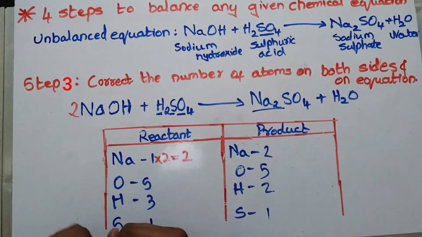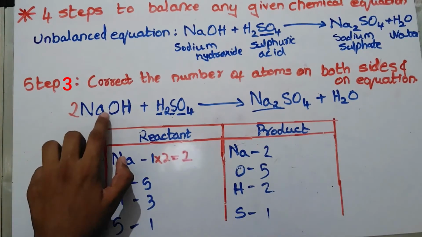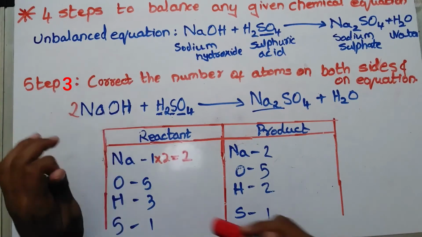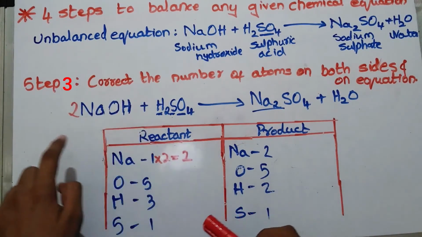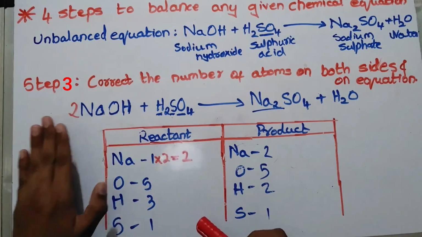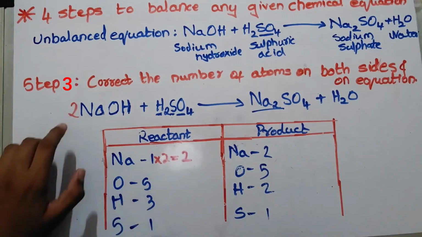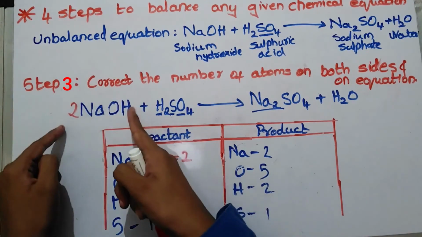It's also a rule that in balancing a chemical equation you should not give the number to a single element. If you want to change the number of an element, you have to do the change on the whole compound, not only on the single element. That's a rule we have to follow. We can't break that. So now we put the number 2 onto the whole compound.